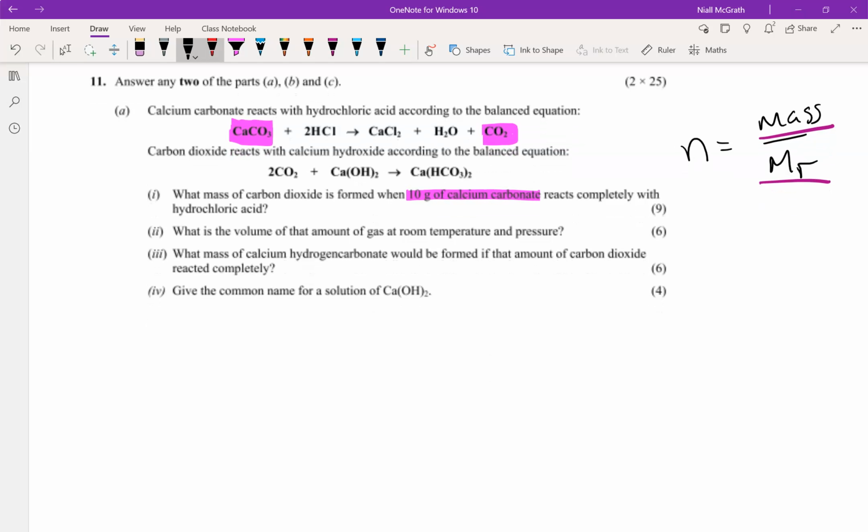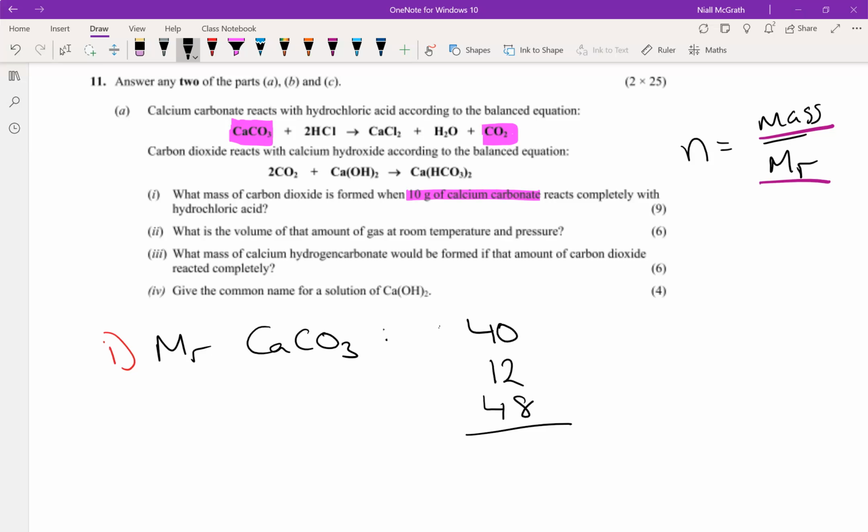So our MR for CaCO3 is going to be, well, calcium is 40, carbon is 12, and oxygen is 16. We have 3 of those, so it's 16 multiplied by 3, which is 48. So our MR for calcium carbonate is 100.